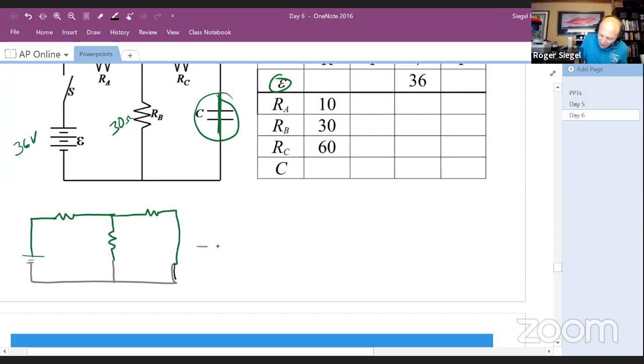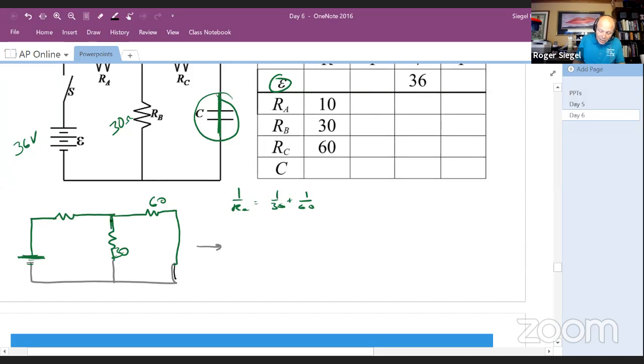Now I'm going to break this down into simpler components. Usually I start far away from the battery, so that's over here, and this is 30 and this is 60. To find the equivalent resistance, we say 1 over 30 plus 1 over 60, because these two are in parallel.